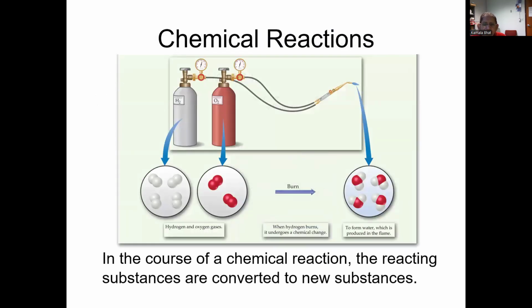Now, whenever a chemical reaction has to be observed or carried out, then we have a setup that is there. And in this case, it's shown how hydrogen and oxygen gas, when combined from different tanks, burn. Then when they burn, you get water molecules formed.